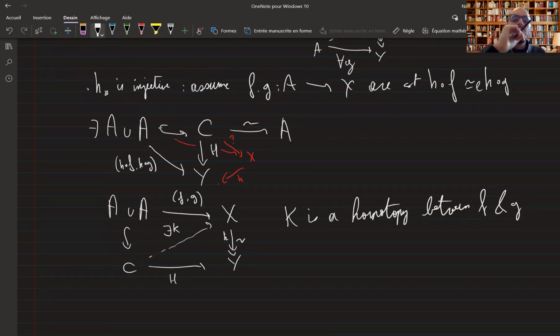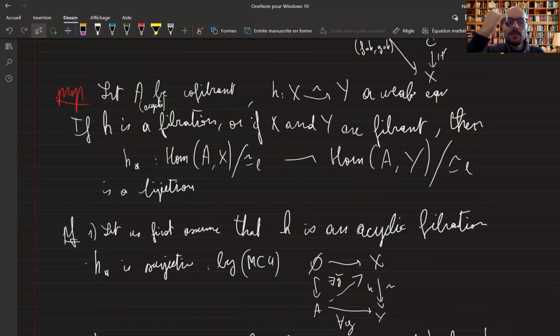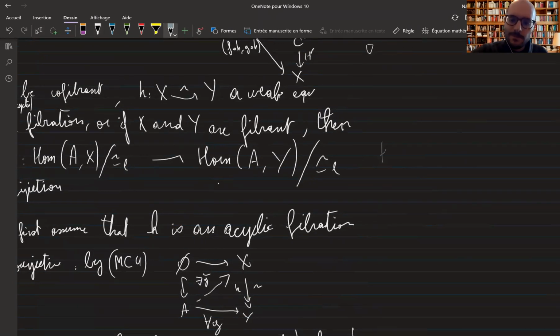So now what we are going to do, and we are going to formalize this at a later time, is to prove the following. We have this functor from C of A modulo left homotopy.